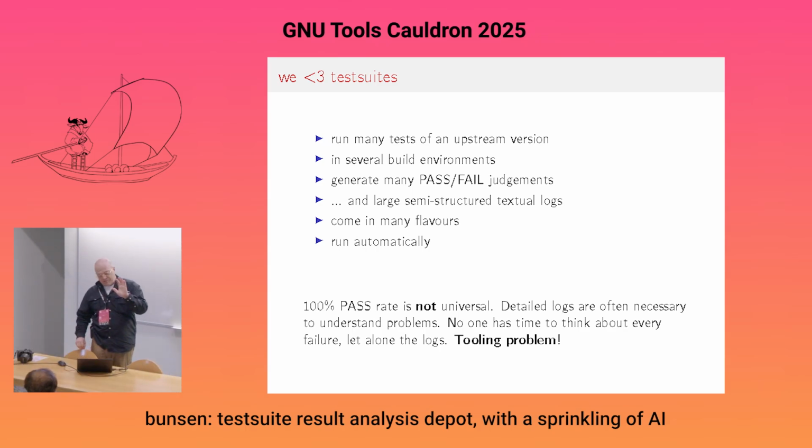There are some, not mine, but they do exist, and my hat would be off if I was wearing a hat, but it's rare. The larger the project is, the larger the test suite is, and the larger the number of failures you would need to analyze, and it's just too much data for humans. But maybe we can do it with some more tooling. It's not the first attempt to do this, but we might have found a nice sweet spot, and I'll let you be the judge of that.